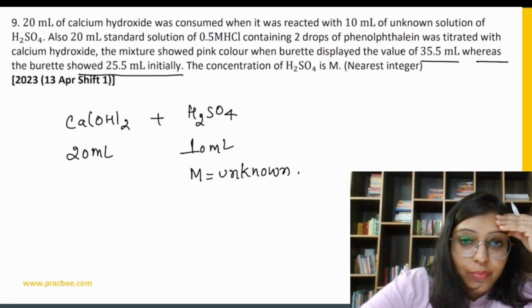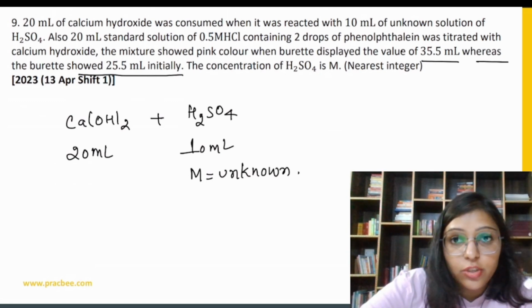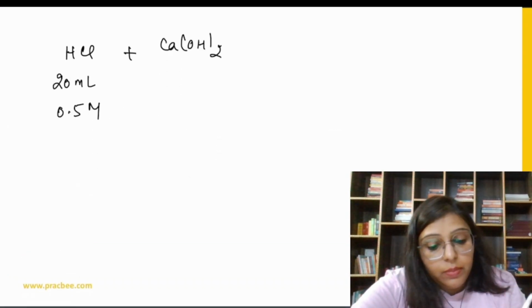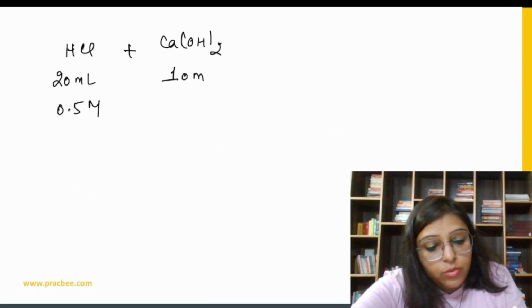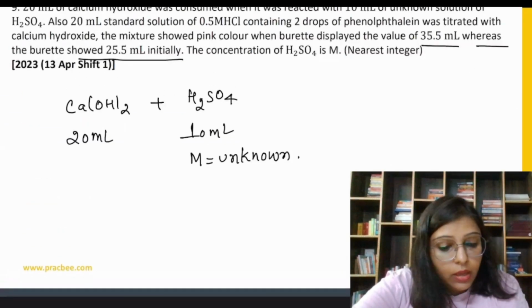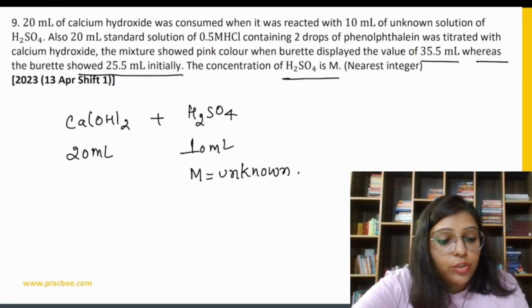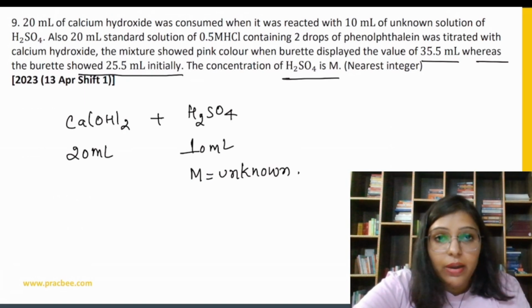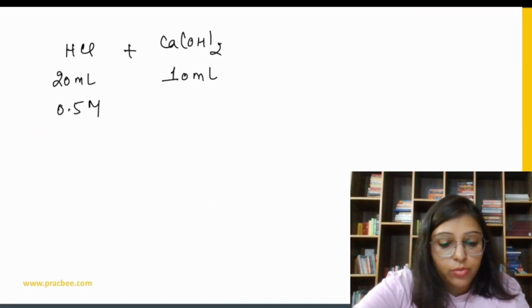So what we understand from this statement is the volume of calcium hydroxide used here is equal to 10 ml, used to neutralize HCl. The concentration of H2SO4 is M, so you have to find out the concentration of H2SO4.